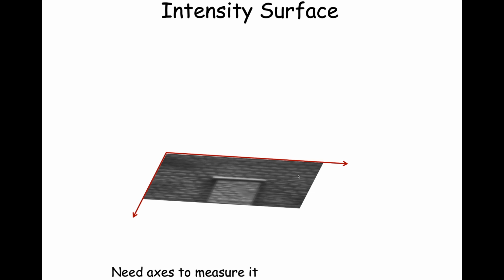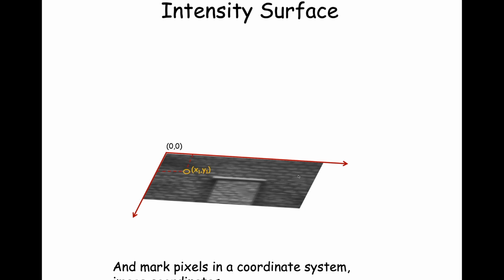We need to be able to identify where they are. So in this coordinate system, we're going to have a horizontal component, we'll just call that X, and a vertical component, we'll call that Y. And each XY defines the unique position of a pixel within that image as defined by the coordinate frame that we've represented with the red axes.